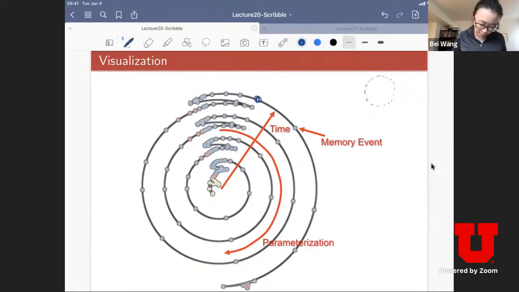Now every single point in this visualization corresponds to a high dimensional point from the token embedding. But I also evolve them along the time axis, going from the center to the outside. This going from center to the outside is what I call the time axis.